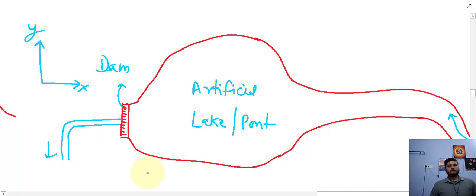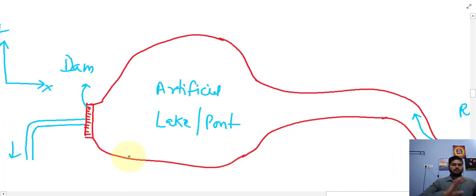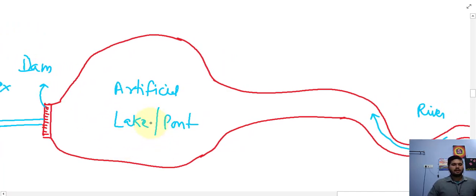So this is a topographic view of artificial features. In this, what we are observing is the area of the green portion in which water is spread due to construction of the dam.